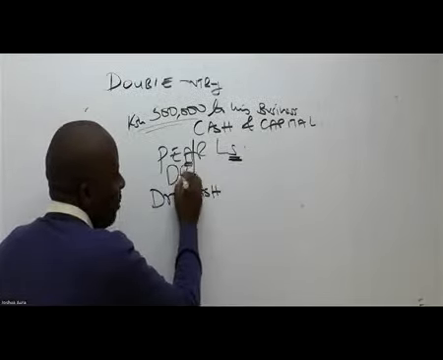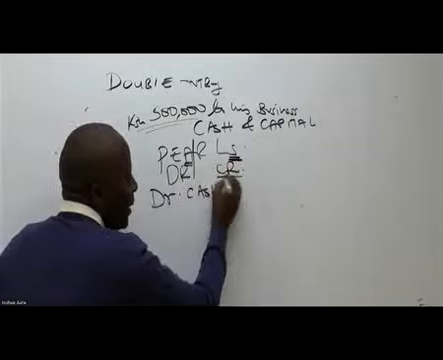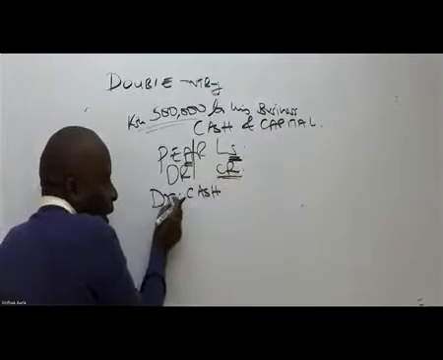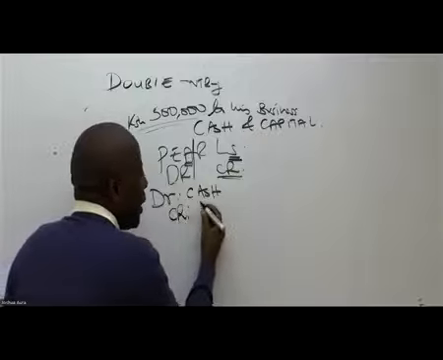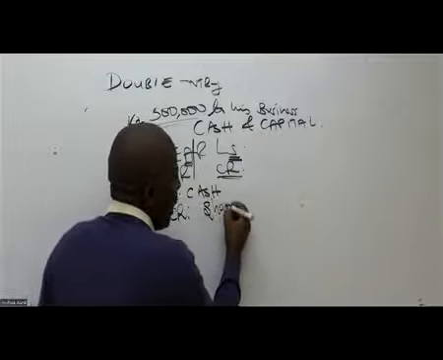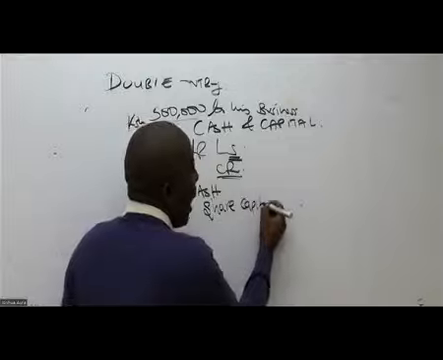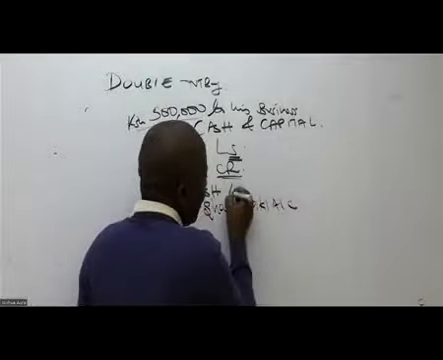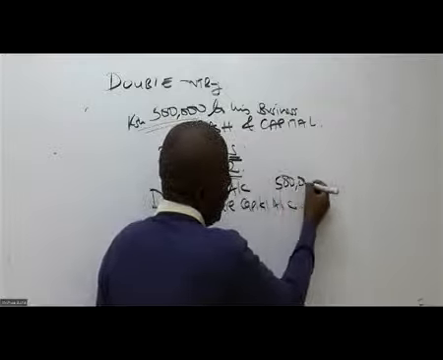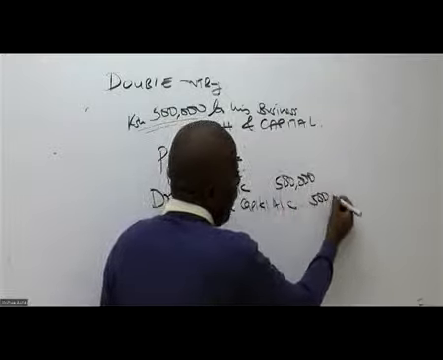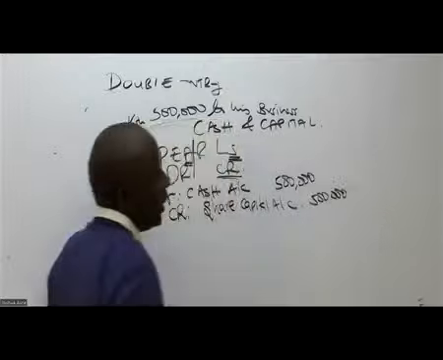Remember this side here we are debiting, and this other side here we are crediting. So we are debiting the cash because it's an asset, and then we shall credit the share capital account. So this is the cash account we are debiting. How much are we debiting this with? The entire amount, 500,000.